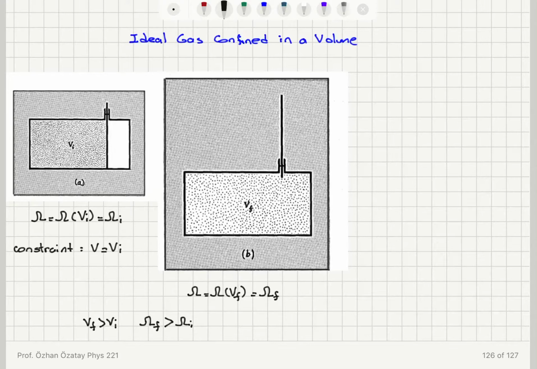So if V final is greater than or equal to V initial, omega final will be greater than or equal to omega initial. So this number of accessible states is completely determined by this macroscopic parameter y. The value of y in this case is V, and the value is V initial or V final, and that determines the number of accessible states of the system.